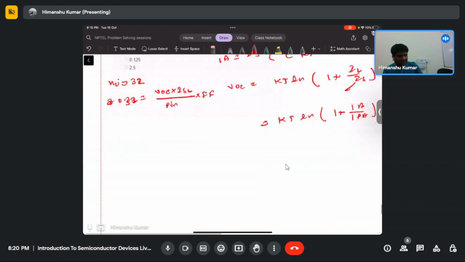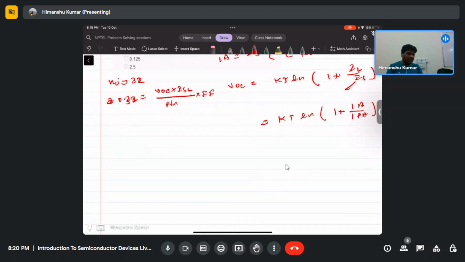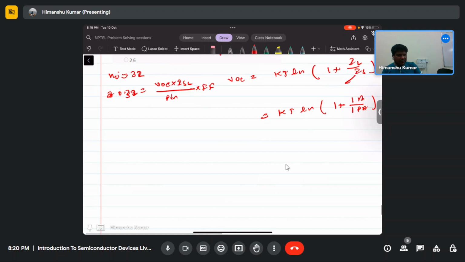So in the solar cell you can calculate the efficiency as V_m I_m, the maximum power, divided by the power input.